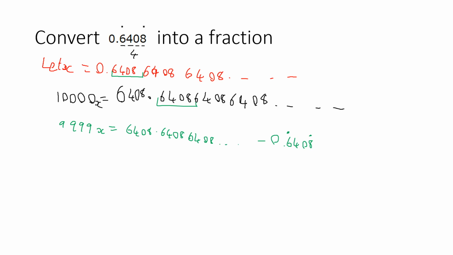Which is just going to be equal to 6408. And so therefore x is simply going to equal 6408 divided by 9999. And that should be our final answer.